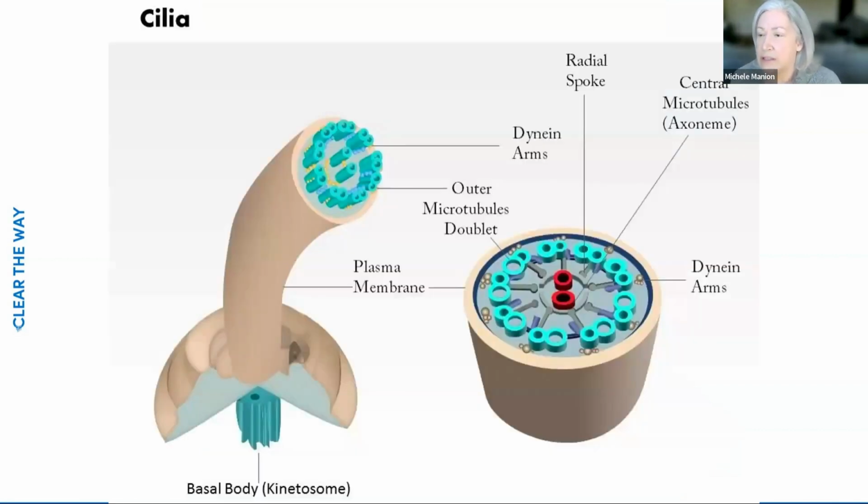And here's what a cilium looks like. It's not just a hair. There's actually, in this structure right here, 500 proteins that go into making up a cilium. In PCD, we're interested in this part called the axoneme, the part that looks like a hair protruding out of the membrane. And this is made up of roughly 200 proteins.